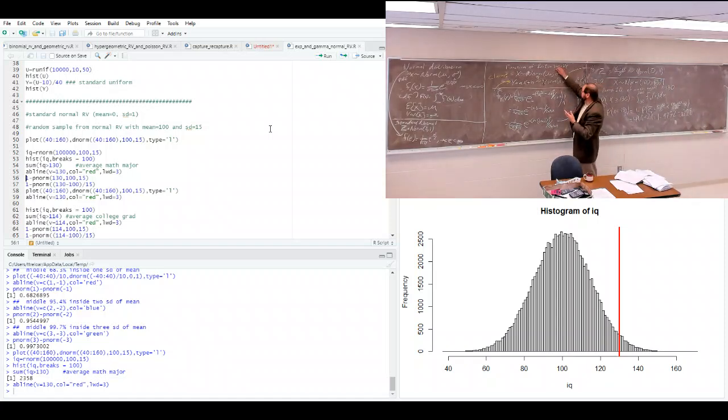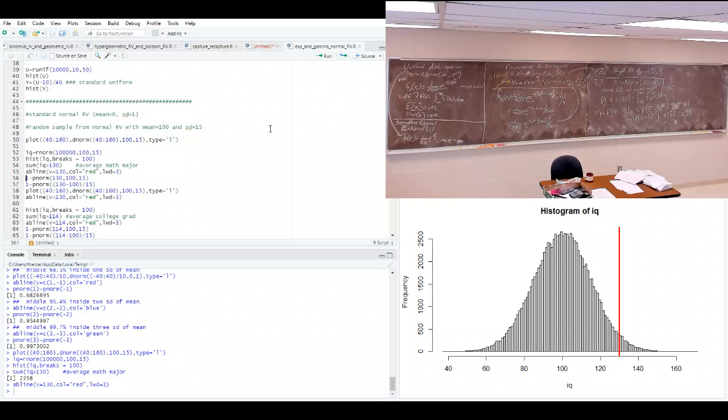R uses sigma here, and R is more focused on statistics type things than probability type things. So I'm not plugging in 15 squared here, I'm plugging in 15, because that's how R thinks about the normal random variable, as a mu and a sigma, not a mu and a sigma squared. But our book and everything we're going to do focuses on a sigma squared. So just know that difference.